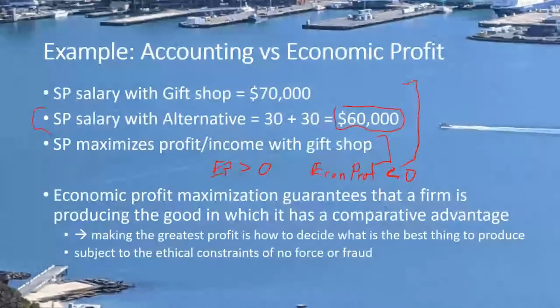All right, so economic profit maximization guarantees that a firm is producing the good in which it has a comparative advantage. Remember what I told you last time when we did the Smith and Jones production, and said, look, Smith is going to try to maximize his production, and that means he should produce nothing but oranges.